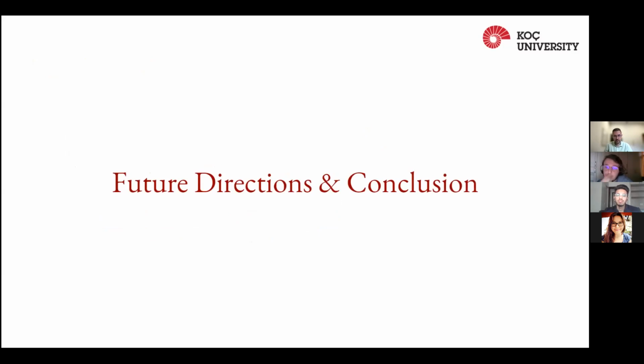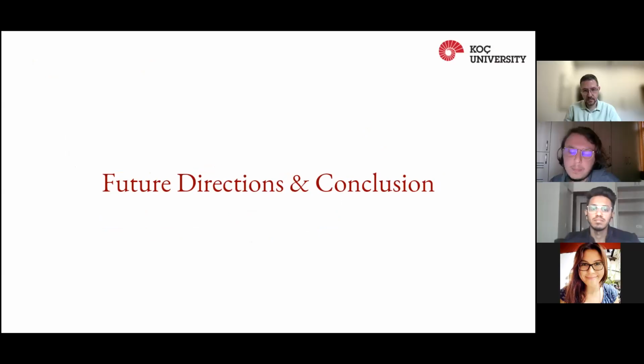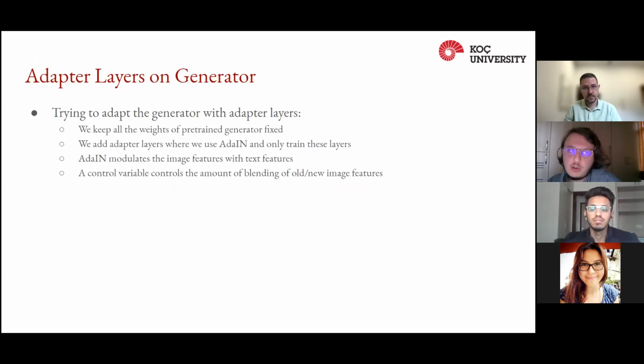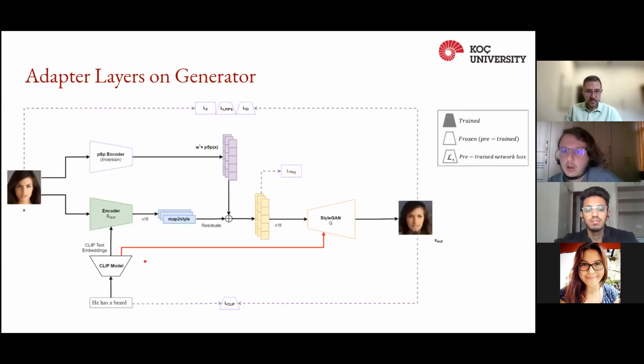So yeah, let me go into future directions and conclusion now. So currently we are experimenting with adapter layers on the generator. Let me show you on this figure. Right now our StyleGAN generator is not text-based, so it takes only the latent codes, and it produces the output, and it is completely fixed, completely frozen.